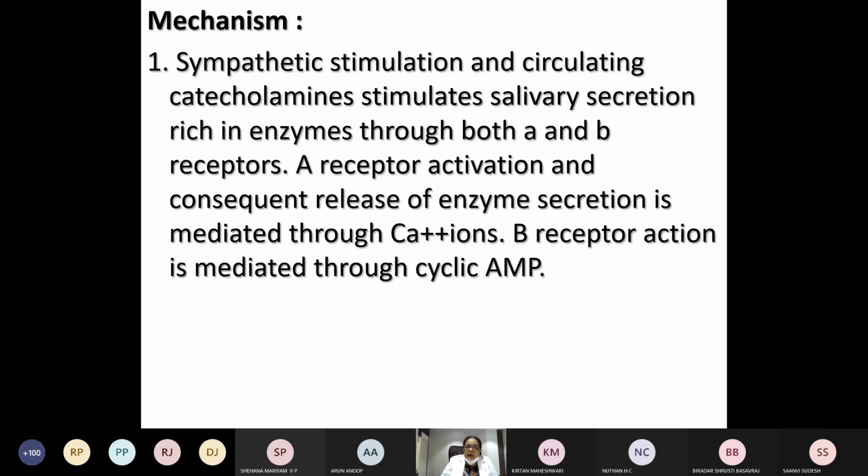Beta receptor action is mediated through cyclic AMP.